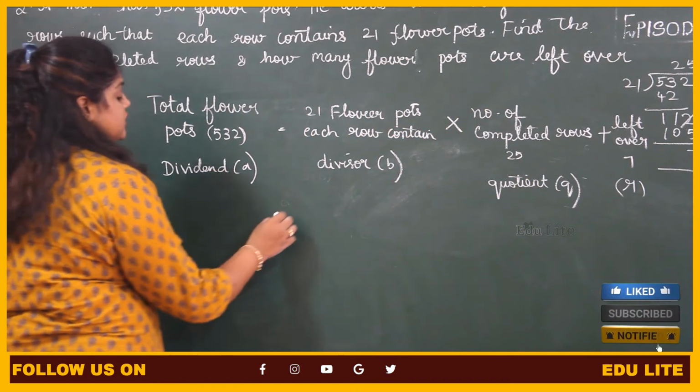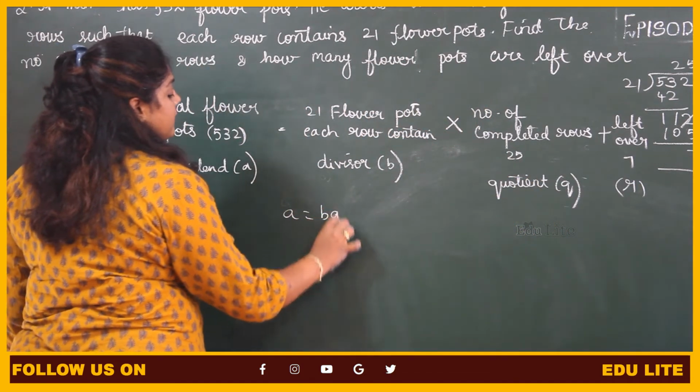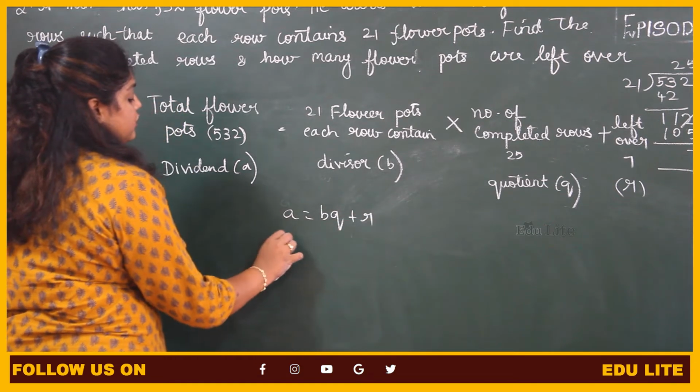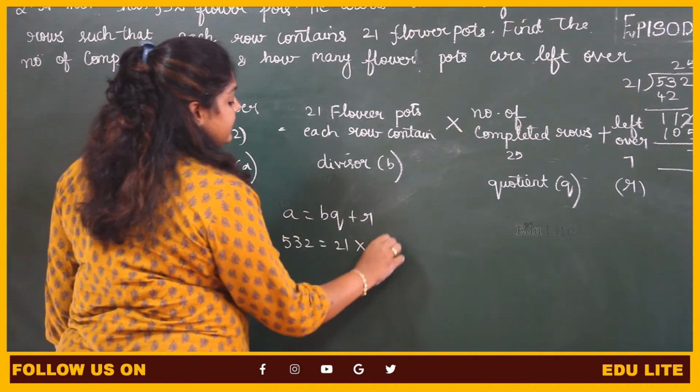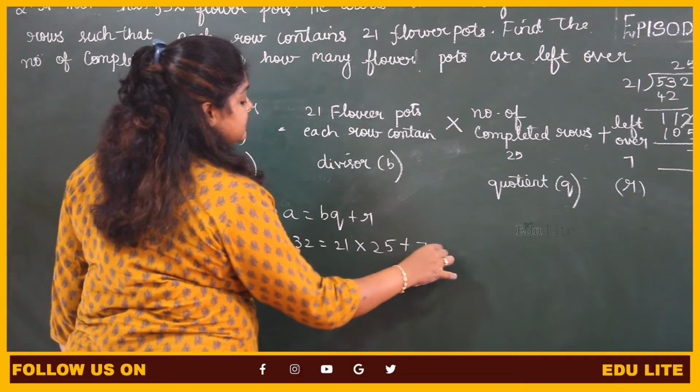So Euclid's division lemma a equals bq plus r: a value 532, b value 21, q value 25, plus r value 7.